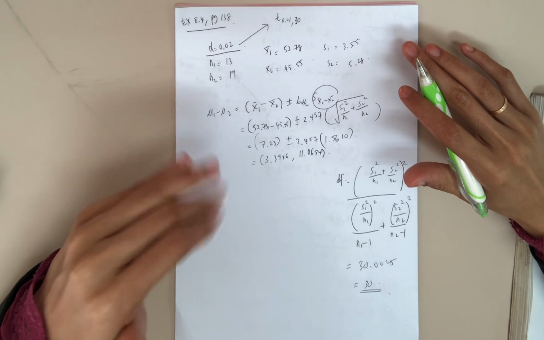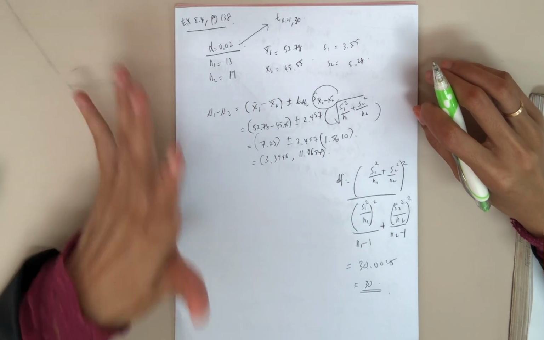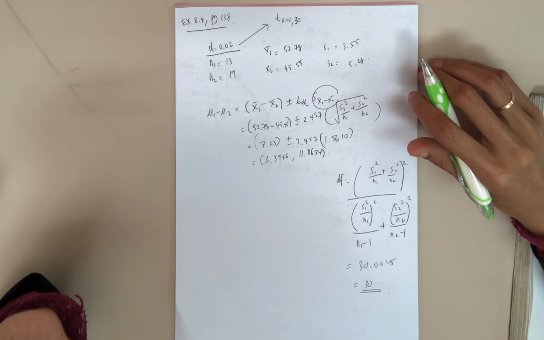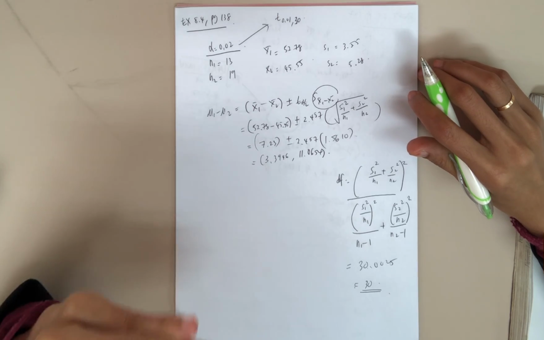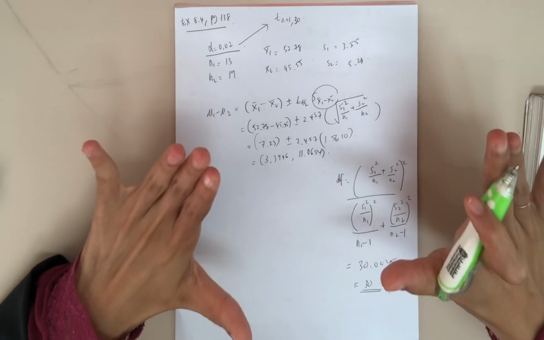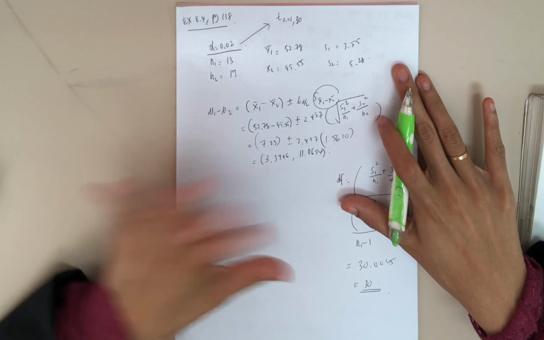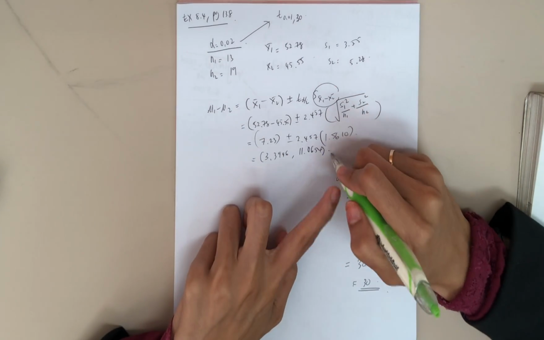So you just make sure that you read the question carefully. From the question you read carefully, then you digest, summarize, extract the information, then you can proceed with your steps or your answer. Okay, alright, so this is the answer.